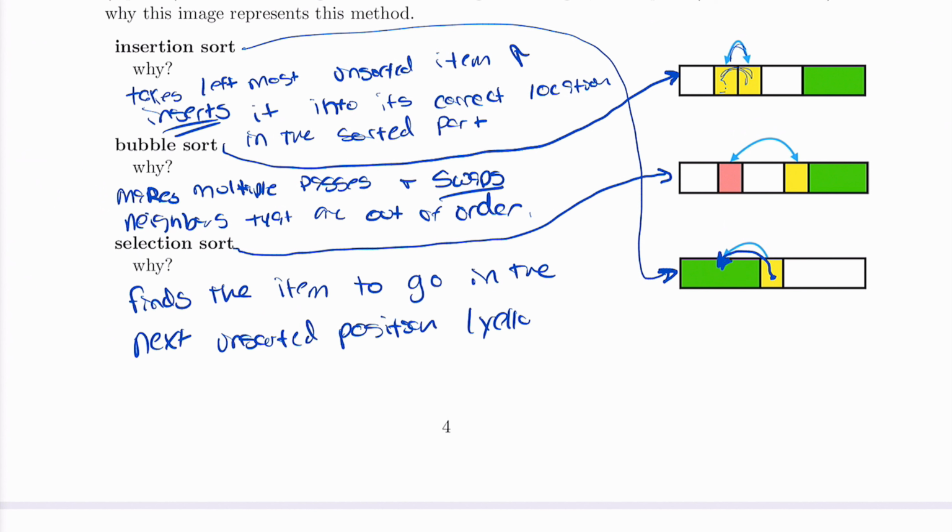Yellow. Finds the next item, red. So it goes out and searches the unsorted portion to find the item that should go there, and then it swaps them.